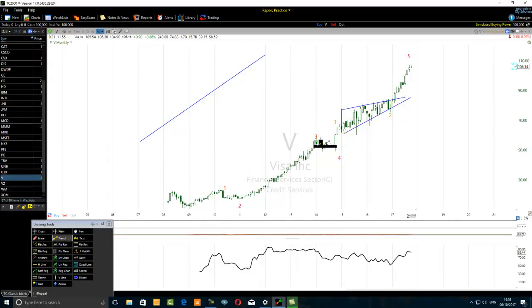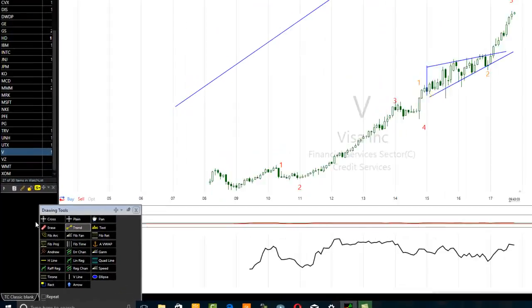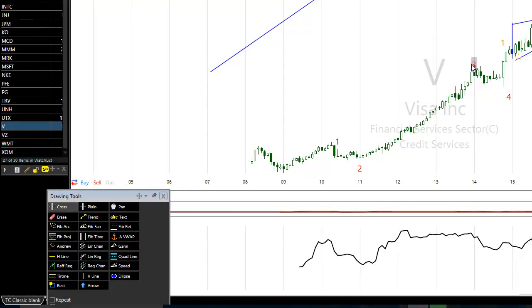If I connect the top of, hold on please traders, if you connect this high here, and those two highs here, this one and this one, you will see something very interesting.